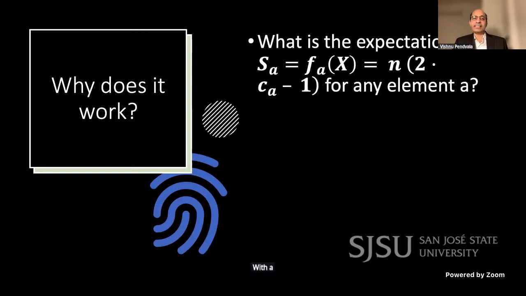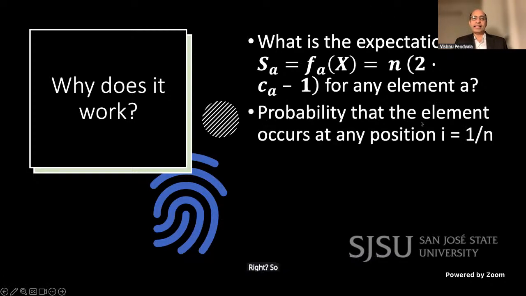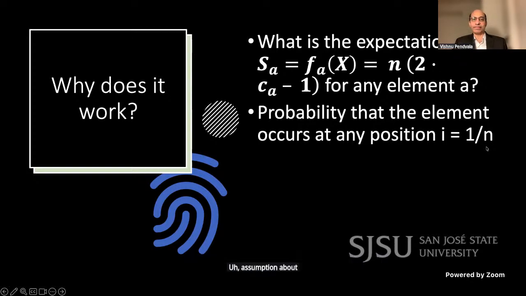There is a chance that the element can occur at pretty much every position, but the chance is given by 1 by n, right? The probability that the element occurs at any position i is 1 by n, because we did not make any assumption about the stream itself. So the element can appear in any position, so it is 1 by n, right? Not uniformly, sorry.